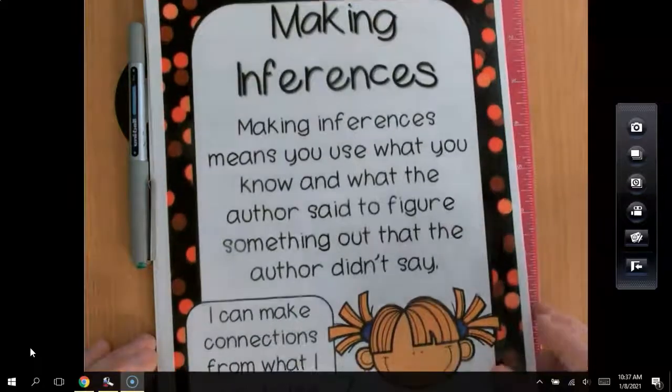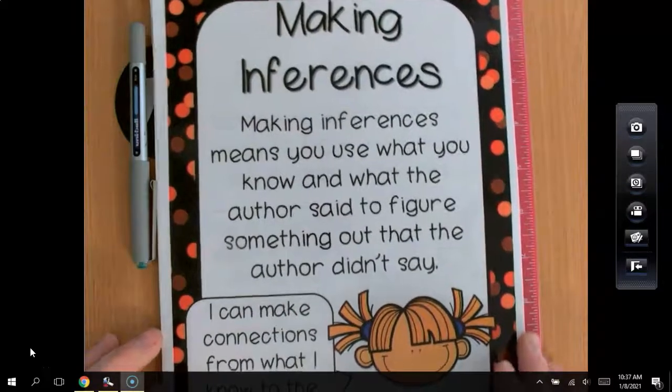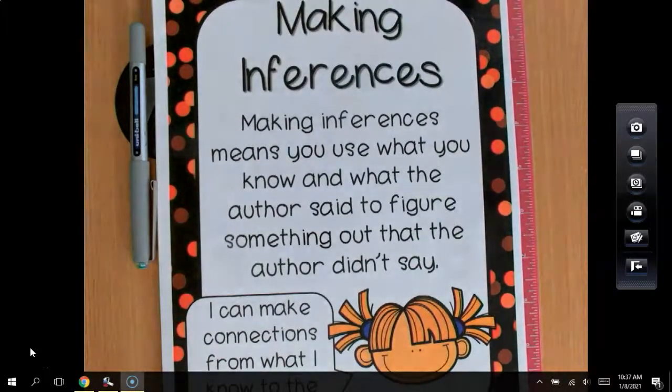Another thing is making inferences. So I can put making inferences and drawing conclusions in the same category. When we make inferences, we use what we know, prior knowledge, and what the author said to figure out what the author didn't say.